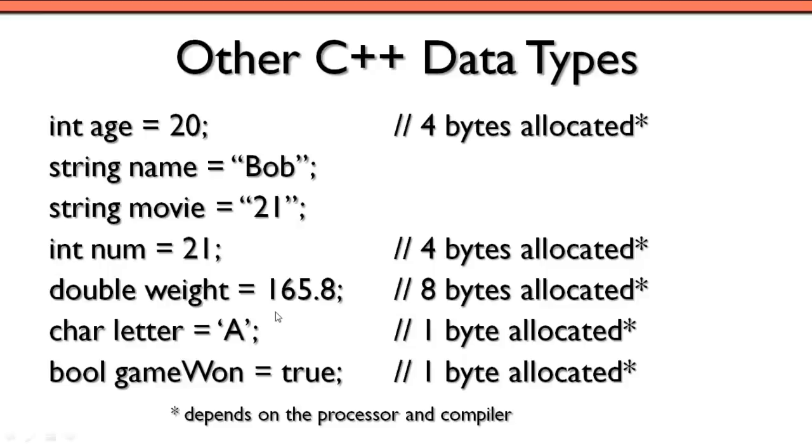All right, so another numeric data type is double. We see an example here where we've declared a variable of type double and assigned the value 165.8 to that particular memory location designated by weight. With double values, we can support numbers that have a fractional part, or a representation of real numbers.